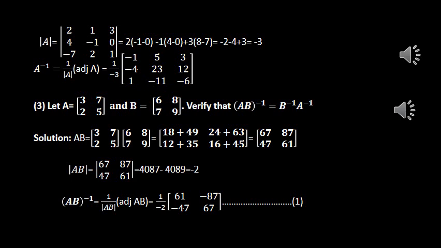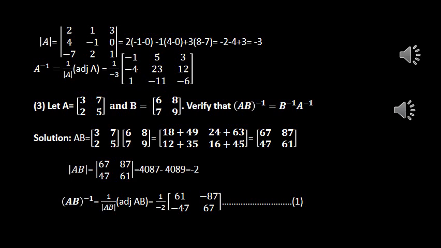That is 4087 minus 4089, which is equal to negative 2. So (AB) inverse is 1 by determinant of AB into adjoint of AB, that is 1 by minus 2.